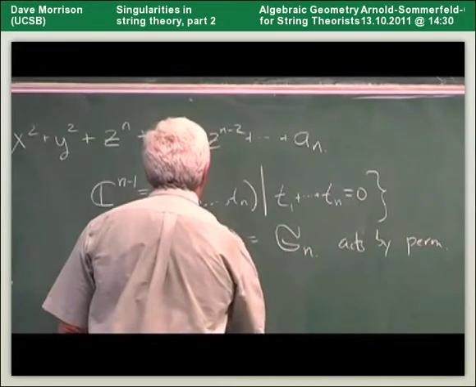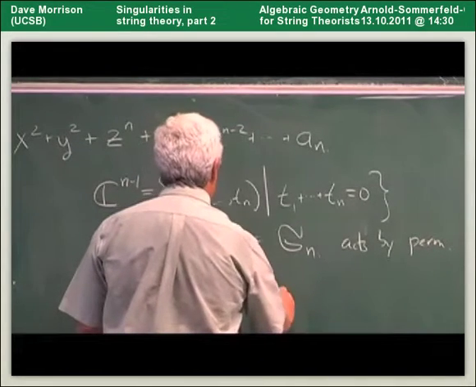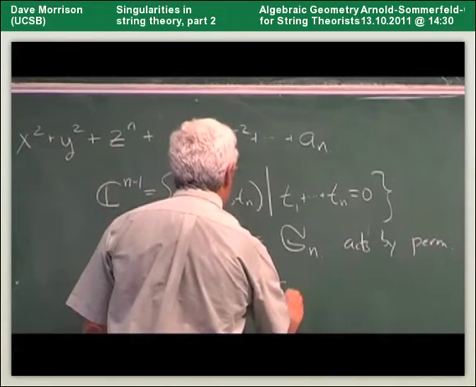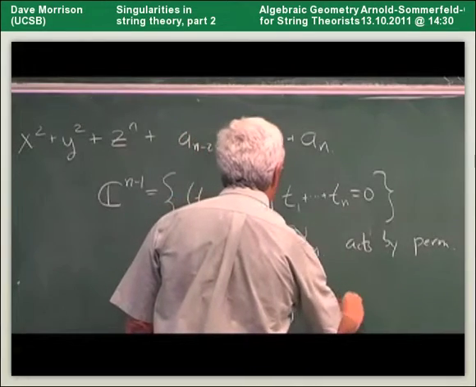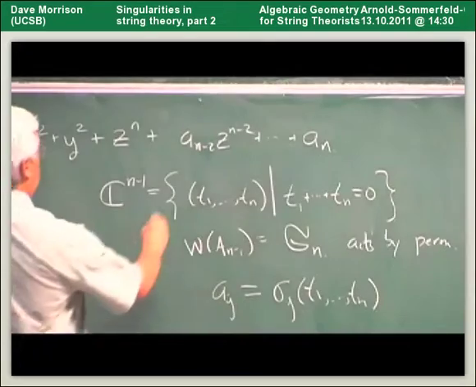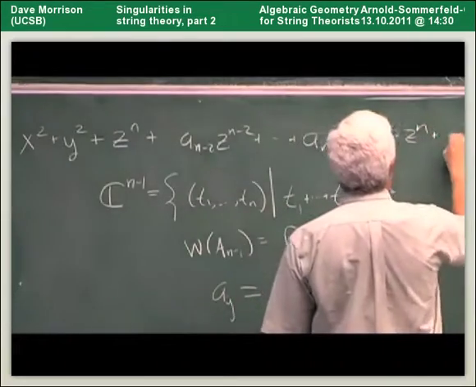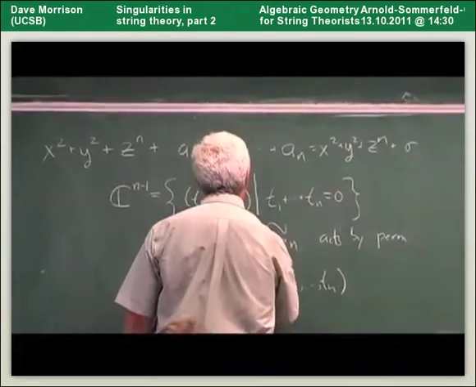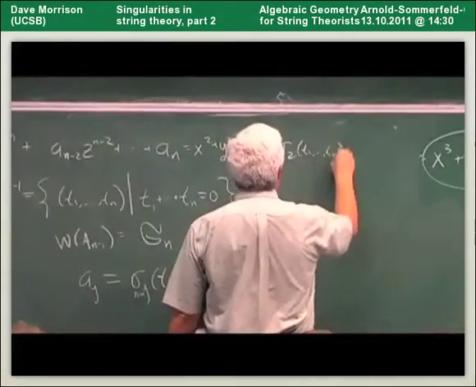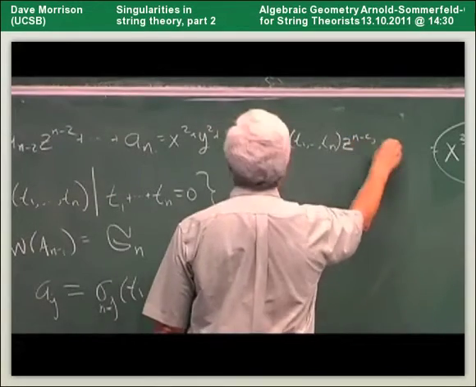So the jth coefficient here is simply the jth elementary symmetric function of t_1 through t_n. So let me rewrite that as x squared plus y squared plus z to the n plus, sorry, maybe the n minus jth elementary symmetric function, sigma_2 of t_1 up through t_n, z to the n minus 2, and so on.